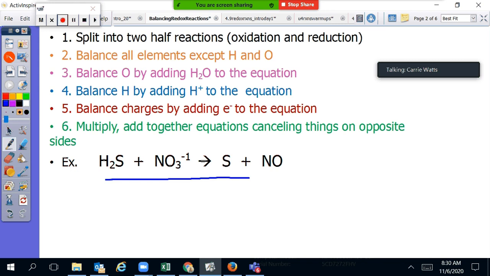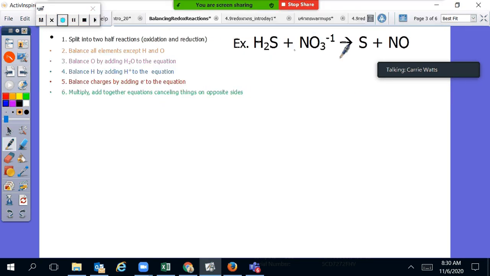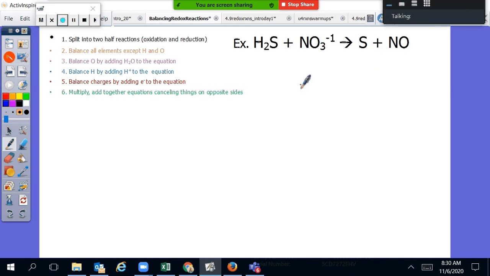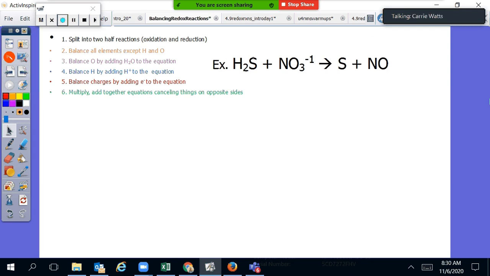Okay, but before we do that, there's a little pre-work we have to do. And this is where I like to have my different color pens. Okay, so the first thing I do is I am going to take what I learned yesterday with my charges and I'm going to put them all above each compound.